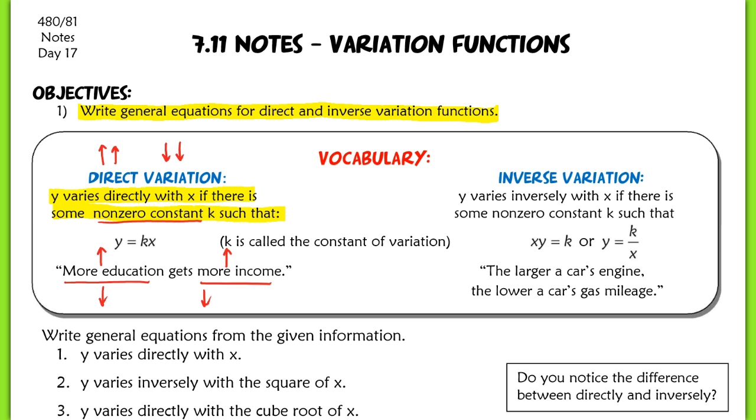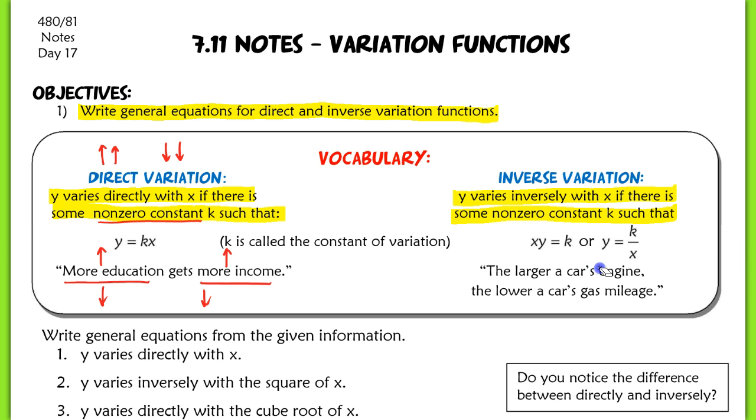Now, in an inverse variation function, our definition states that y varies inversely with x if there is some non-zero constant k such that x times y equals k, or if you solve for y, y equals k over x. So here we're dividing our constant by that value. As x increases, y is going to get smaller, because you keep dividing a number by a larger and larger value, so the output has to be smaller.